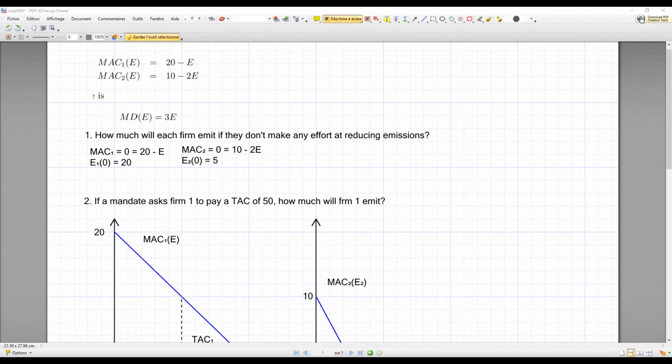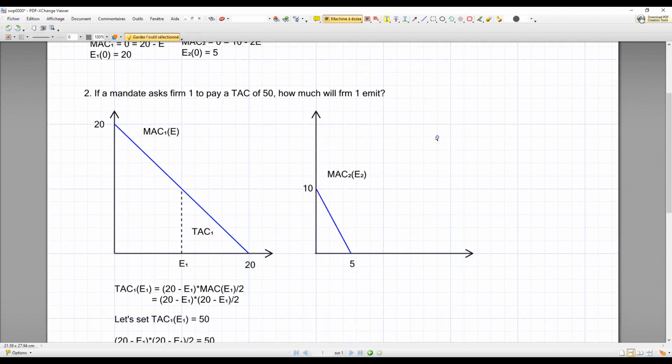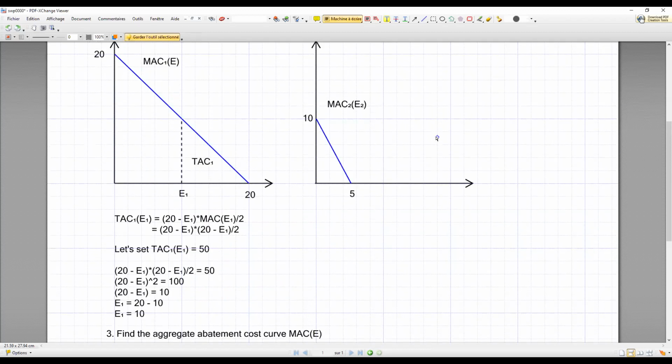Or just find partial information, like how much would be emitted in total. This kind of thing. I can try and draw it.